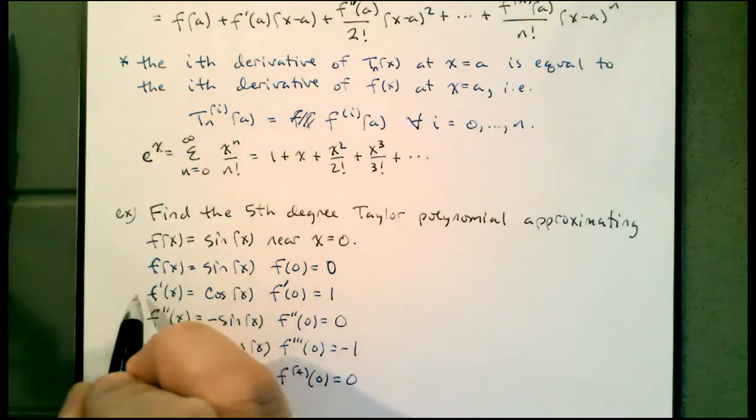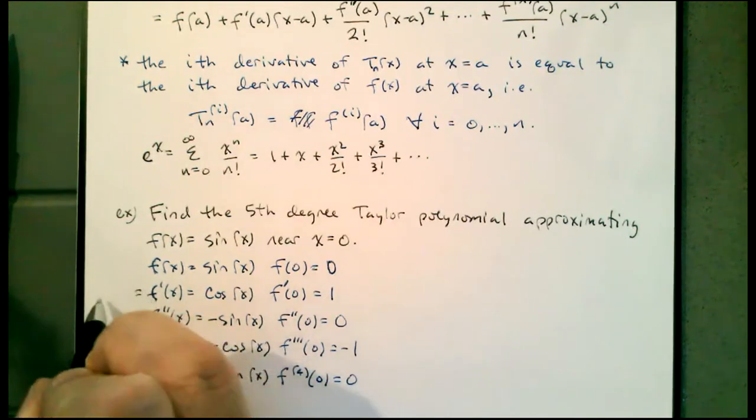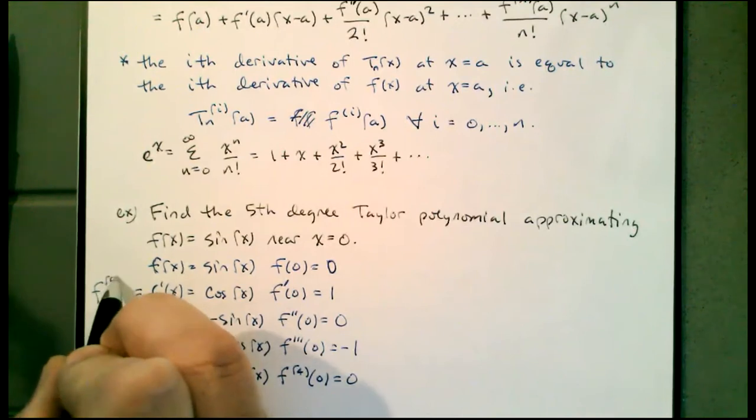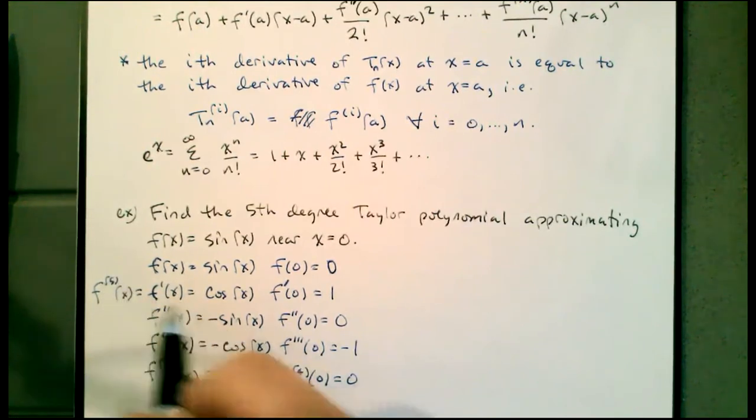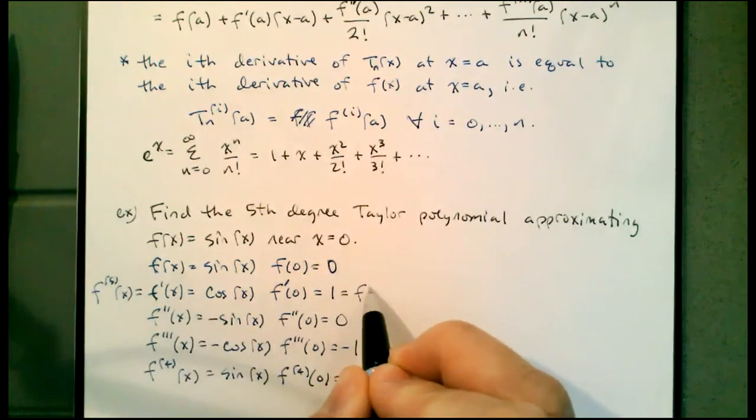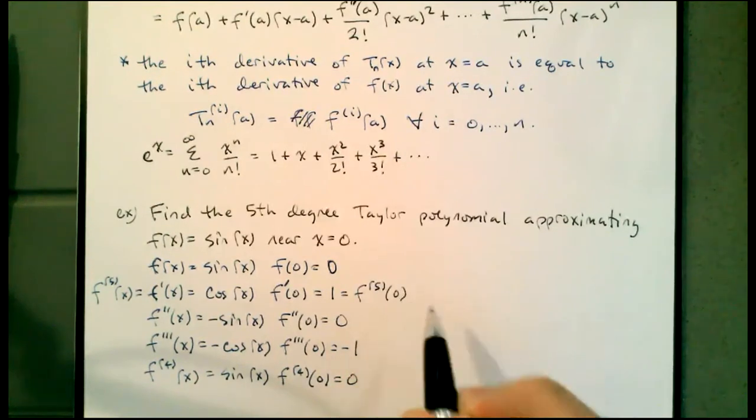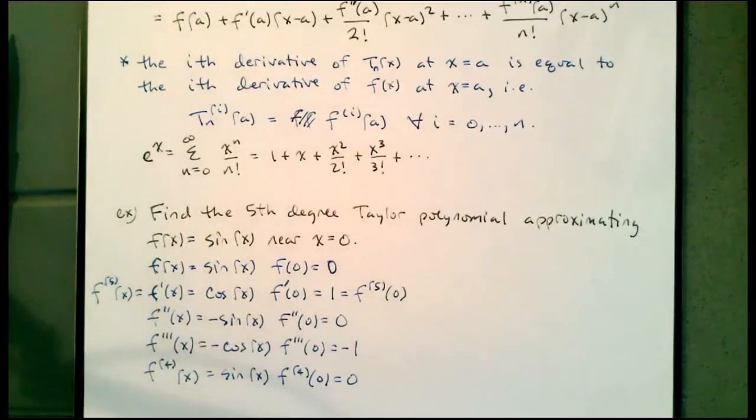So f prime is also the fifth derivative. So now we just need to take these coefficients and drop them into Taylor's formula.